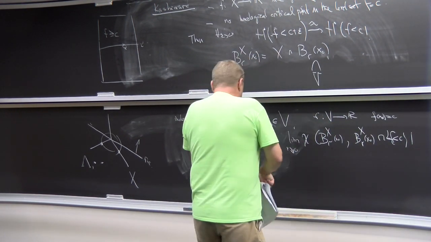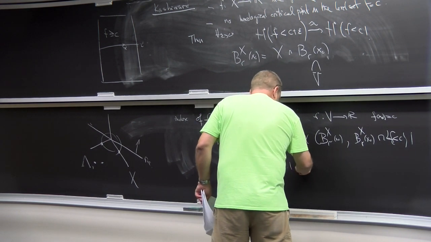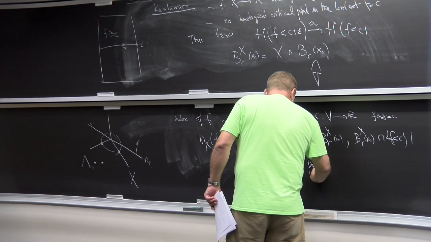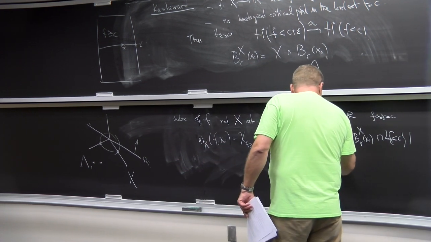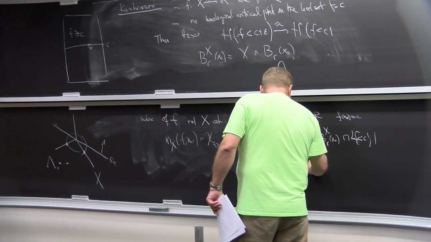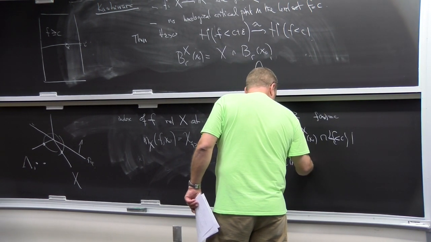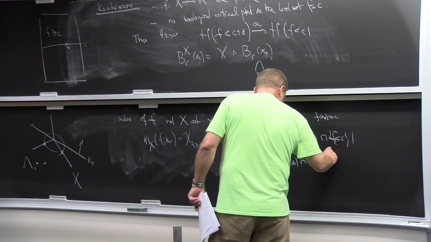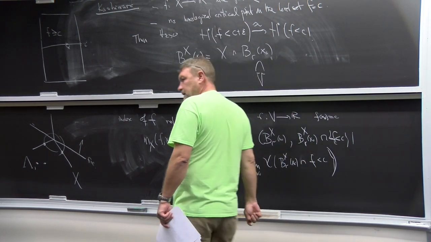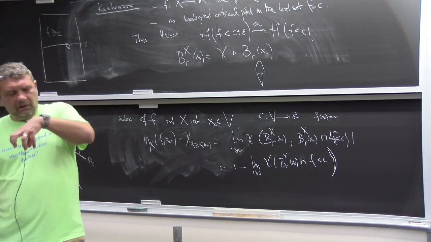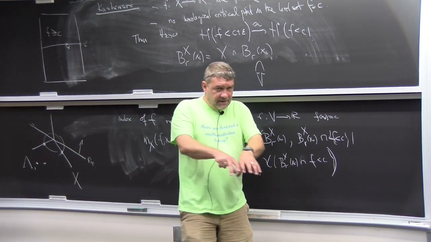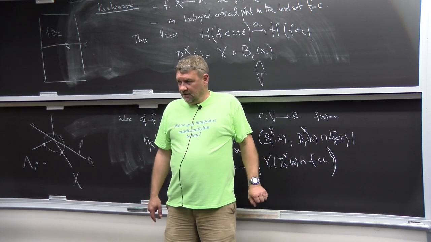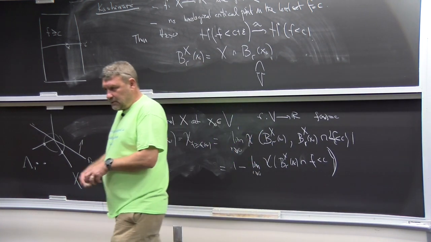So what I get is 1 minus the limit as r goes to 0 of chi of B_r(x0) intersect f less than c. In terms of Morse theory, what you get here is the boundary of the unstable disk, if you think carefully.